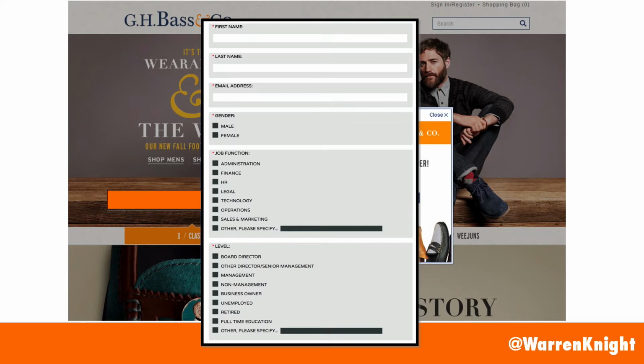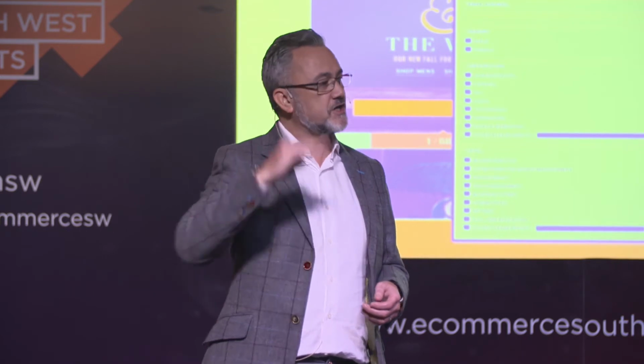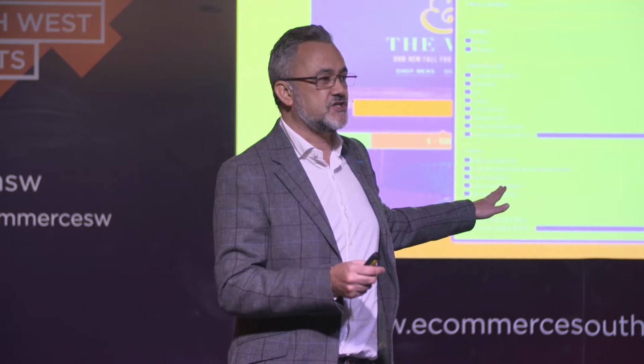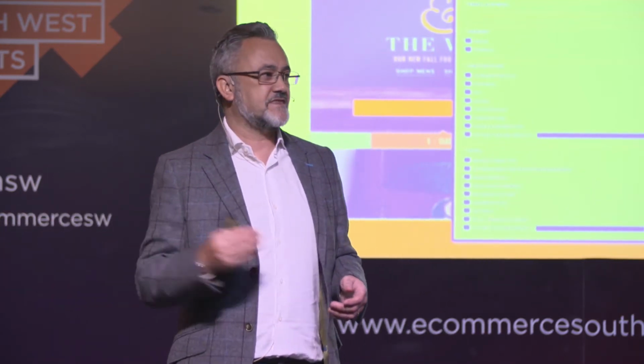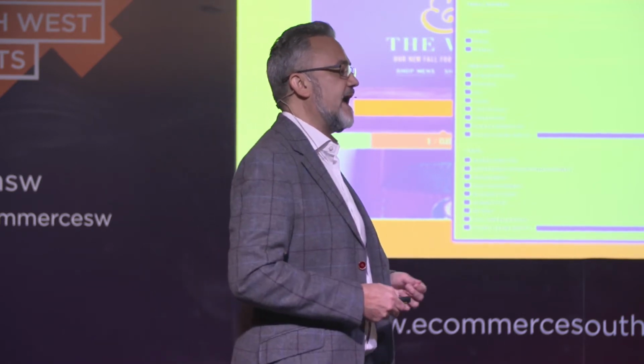It's not asking for any of that information, simply asking for an email address, one thing. Now, I'm sure there's going to be some great statistics shared with you throughout today, but I've proven this over and over again. You ask for one thing, you get a much higher conversion rate. You ask for lots of things in the first stage, as quick as they've come, they're going to go. So think about how you can actually get that data from those people at a later date.